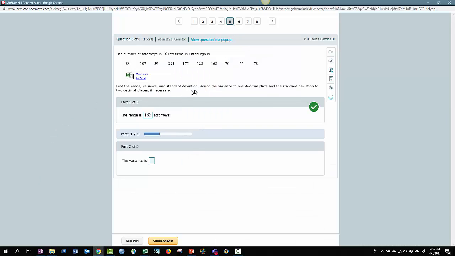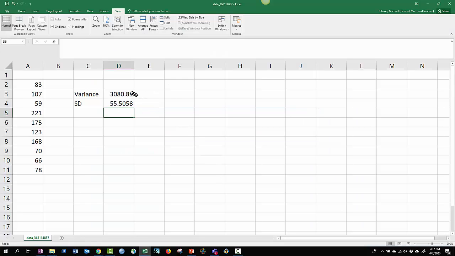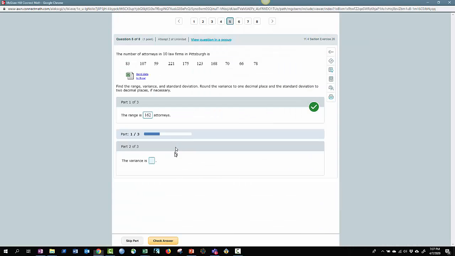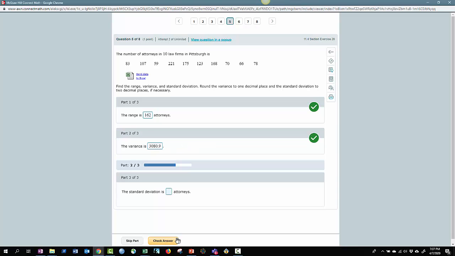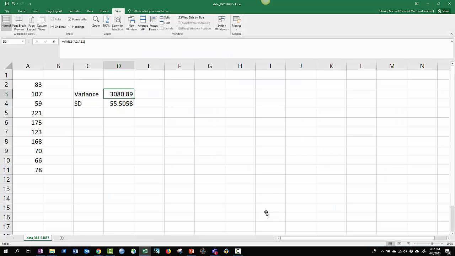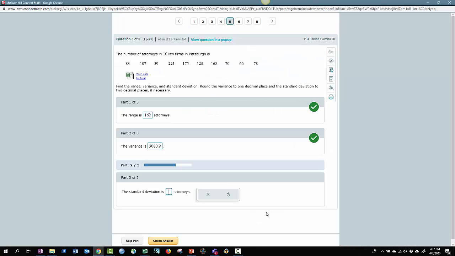It wants the variance rounded to one decimal place and the standard deviation to two. So the variance to one is 3080.9. And the standard deviation to two is 55.51.